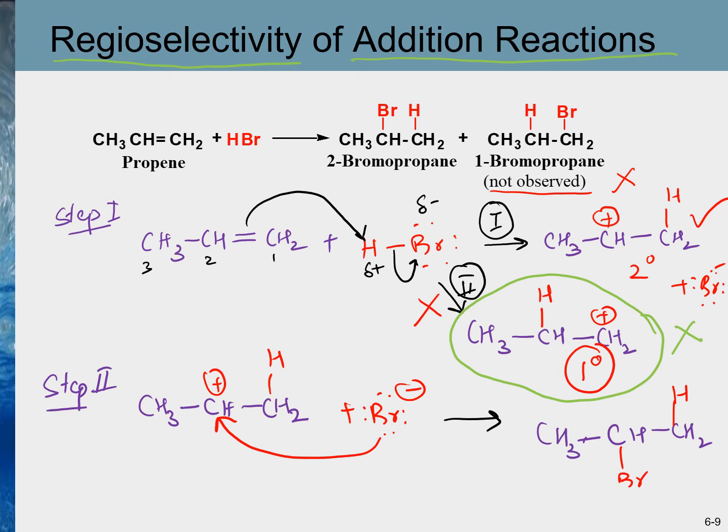And this is why Markovnikov's rule states that when we add hydrogen halides, the hydrogen of electrophile goes to the carbon atom which already contains more hydrogen atoms. When Markovnikov proposed this rule, the mechanism of this reaction was not established. He proposed this rule only based on the results. He did not know the reason behind it, but now we know.